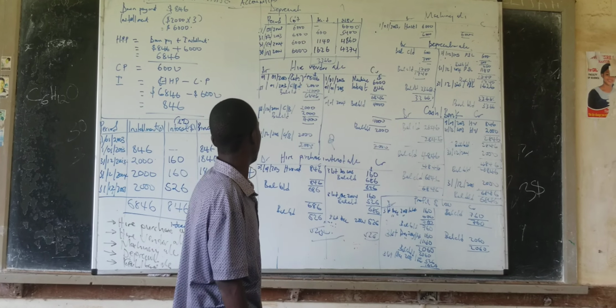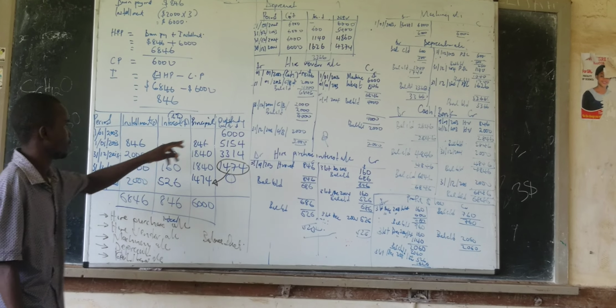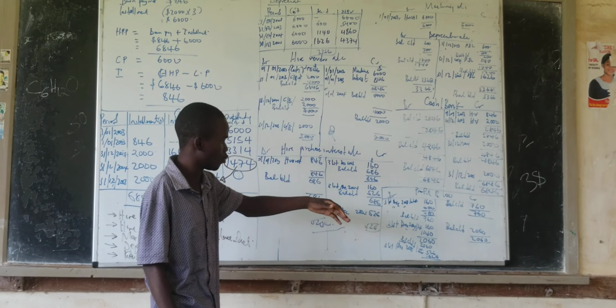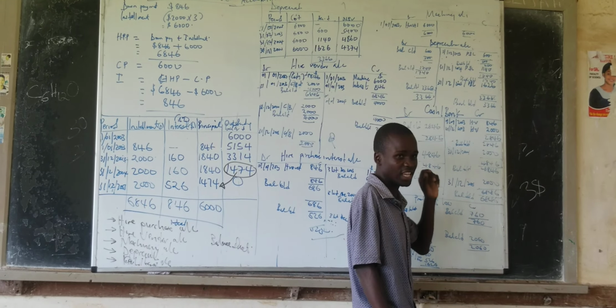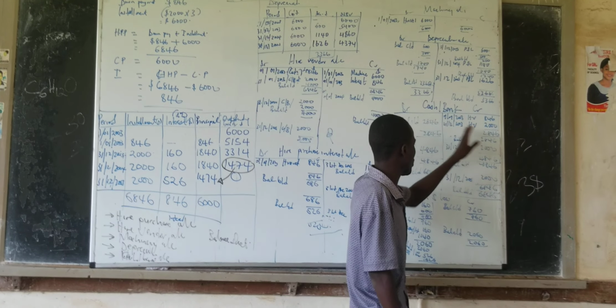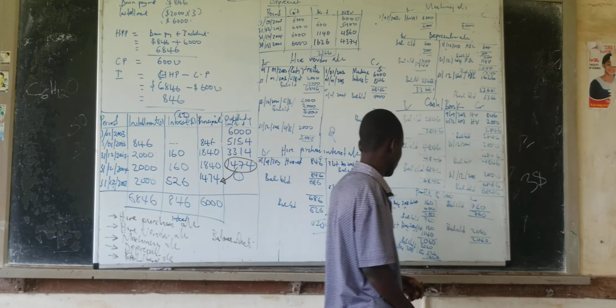Again, they paid more money of 2,000 in 2004, which is here. So you go and complete the double entry. Even this side, you are supposed to complete double entry. That's why you are seeing you complete double entry and you got the balance brought down.